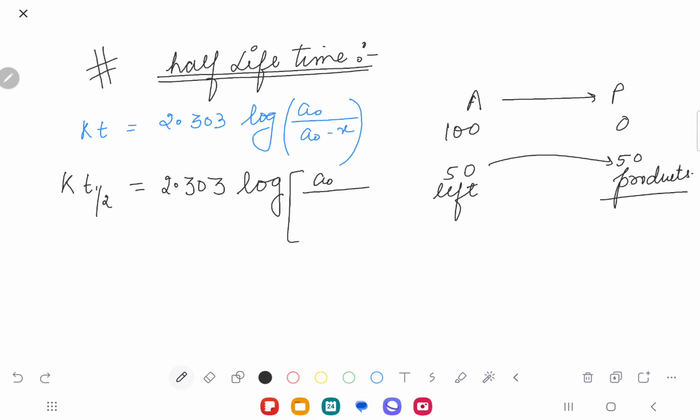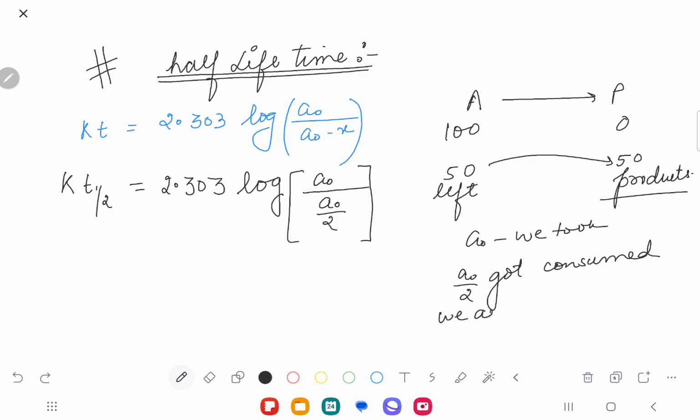So 50% is left and 50% is consumed. When 50% is consumed, what is happening? You tell me. We would be left with a naught by 2. A naught we took, and a naught by 2 got consumed in some t half time.